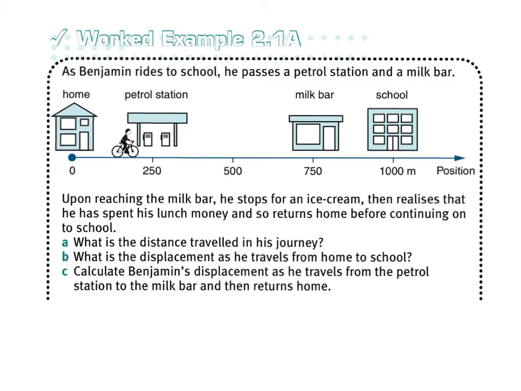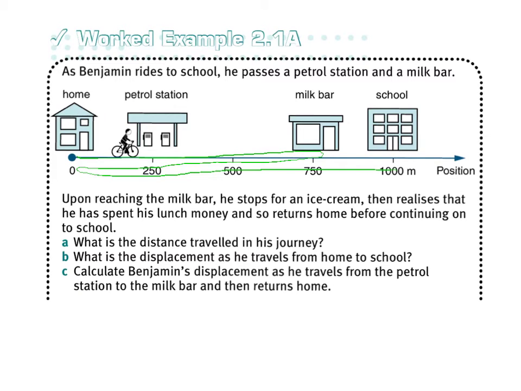Because distance travelled is the actual distance that he's travelled on the ground, Ben starts at home, goes to the milk bar, has his ice cream, goes back home to get his money, and then goes back to school.